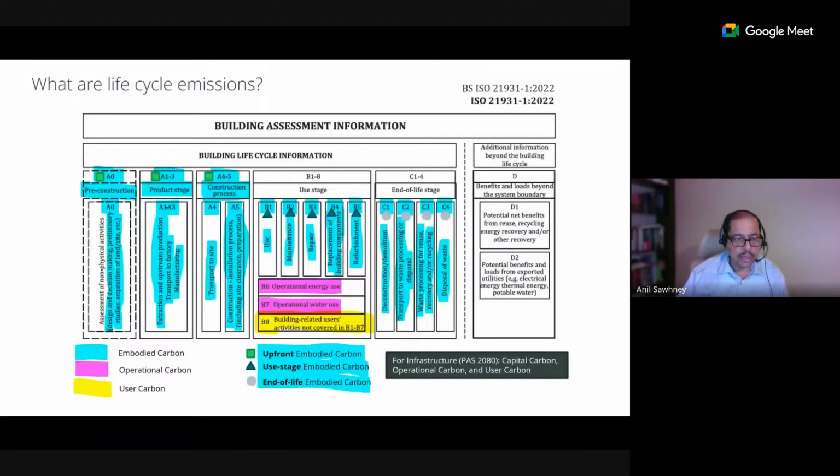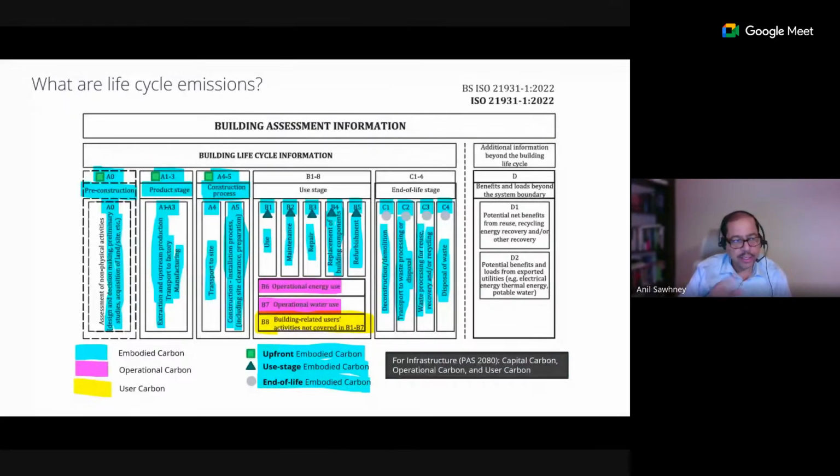So any heat recovery, any thermal energy recovery, any reuse, recycle, net benefits are treated in module D. Okay. So if you look at the assessment information, it spans modules A, B, C, and D. For the building life cycle itself, we consider modules A, B, and C. D is considered outside the system boundary.